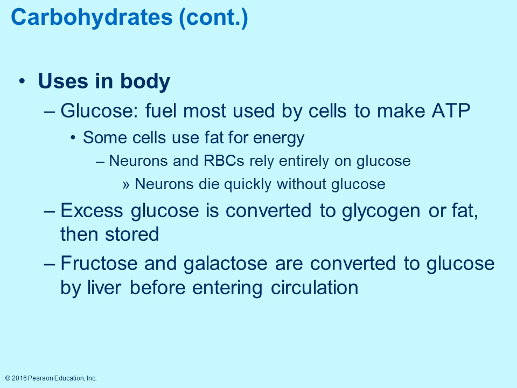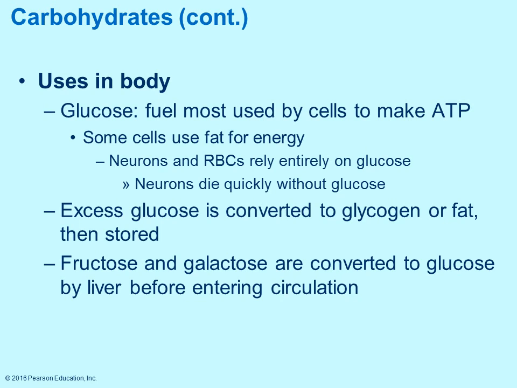Now, when there's excess glucose, it can be converted to glycogen. It can also be converted to fat, and then it can be stored. Animals do not make starch. Starch is the storage form of glucose in plants. And really the difference between starch and glycogen has to do with structure.